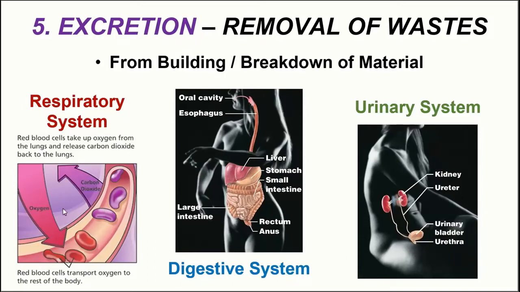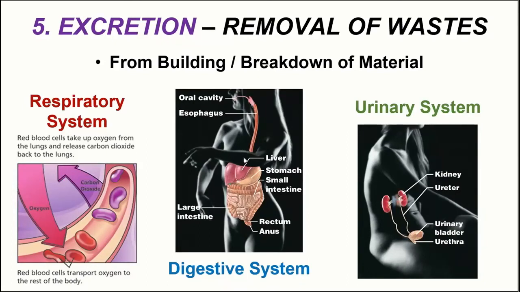A couple of examples here for you. The respiratory system excretes a gas waste called carbon dioxide. Carbon dioxide is a gas that's produced when glucose is broken down. And so every time we exhale, we're removing some of that carbon dioxide from our blood, and we're exhaling it through the air that we exhale.